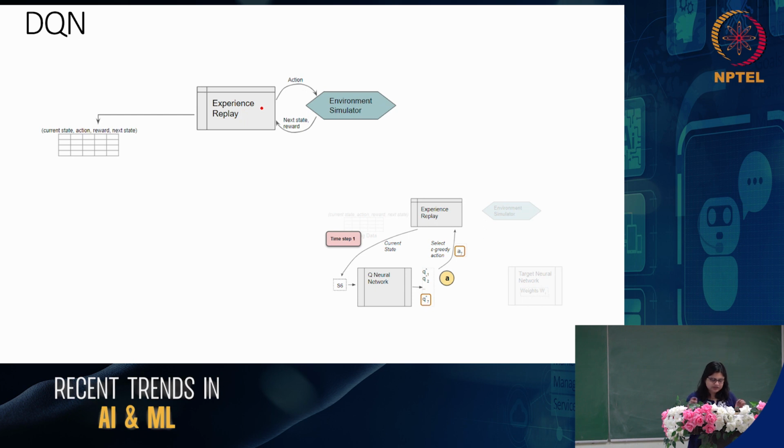This tuple, the current state, action, reward, and the next state, is stored in an array or some memory. This is called the experience replay memory, and this is your training data for DQN.